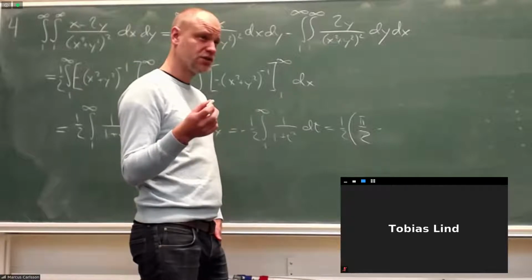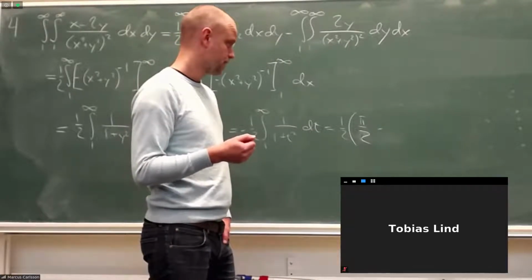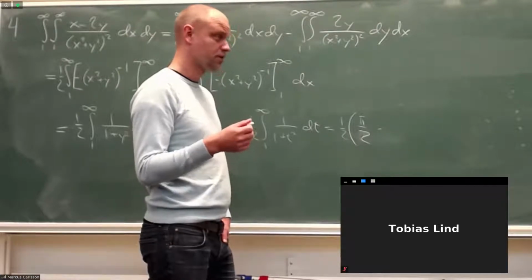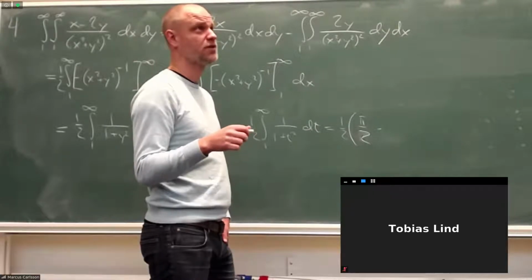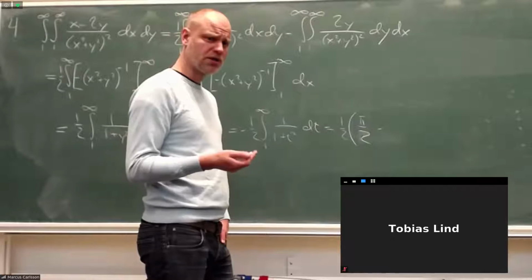So tangents of 30 degrees, so one of them is a half, and the other one is a square root 3. That's also the arc tangents of 1/2.